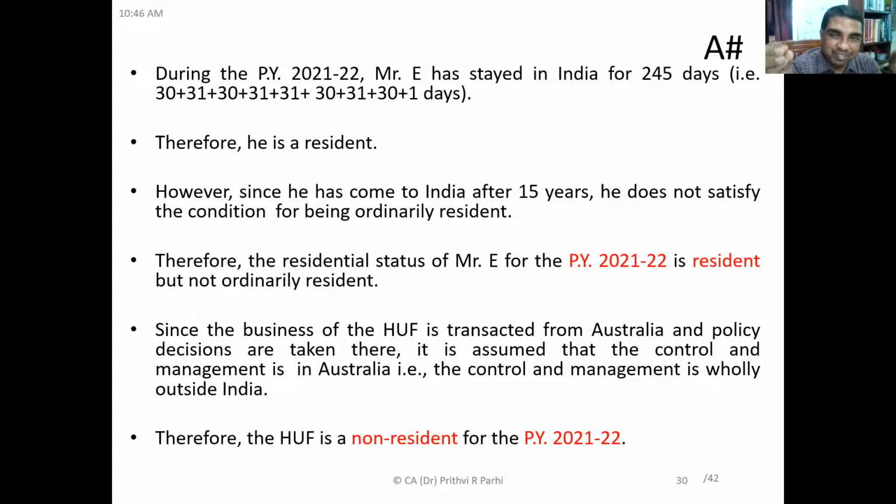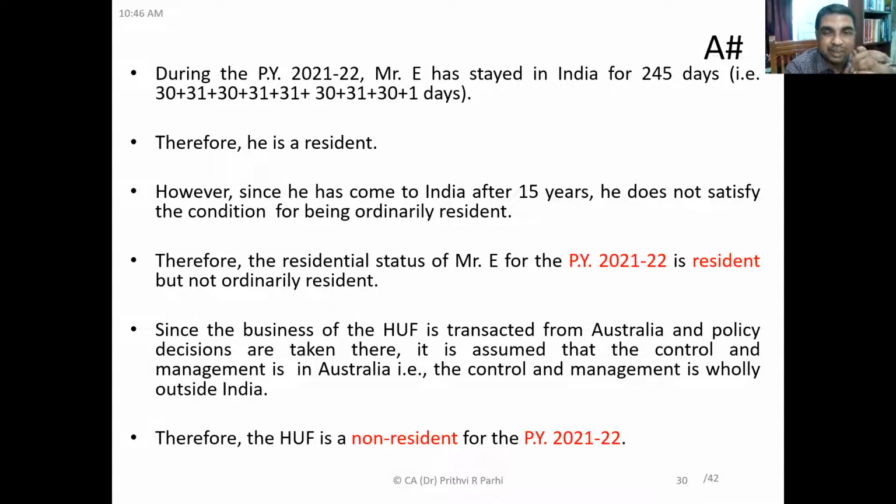But he is coming after 15 years, which means he does not satisfy the conditions for an ordinary resident. Therefore, for previous year 21-22, his status is resident but not ordinary resident.